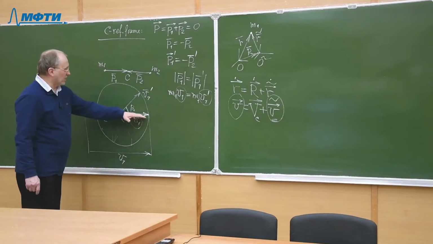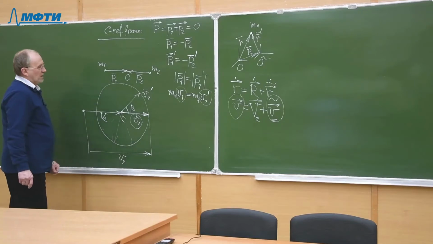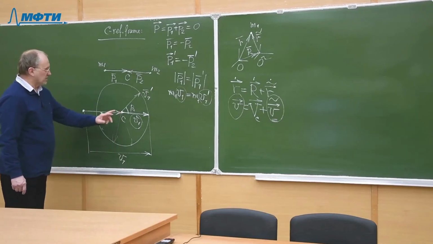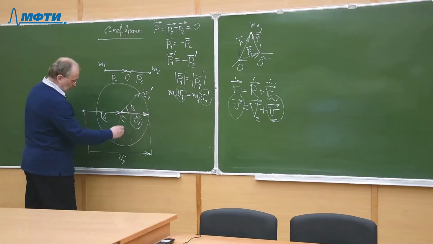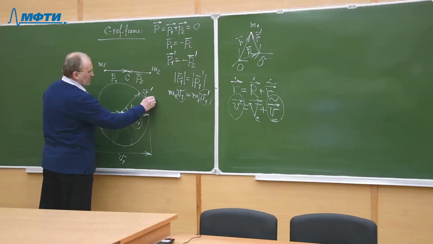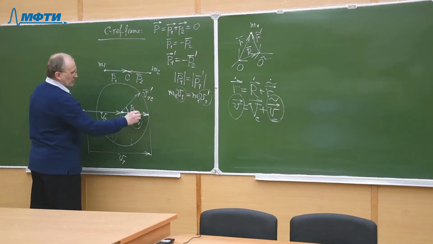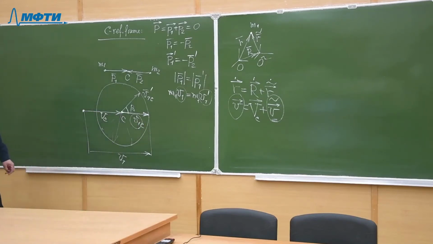That is before collision and after collision. But all these vectors refer to the reference frame C, that is the center of mass reference frame. So in order not to confuse different vectors, let us add index C, so that this vector of velocity is measured with respect to the center of mass reference frame.